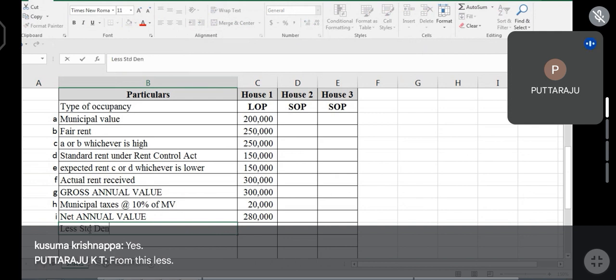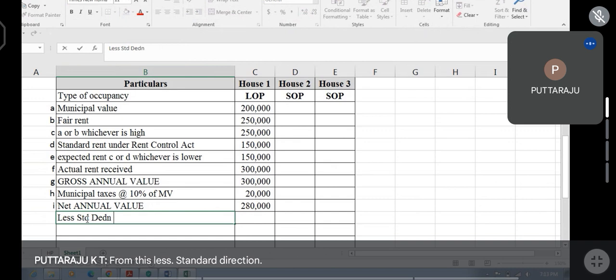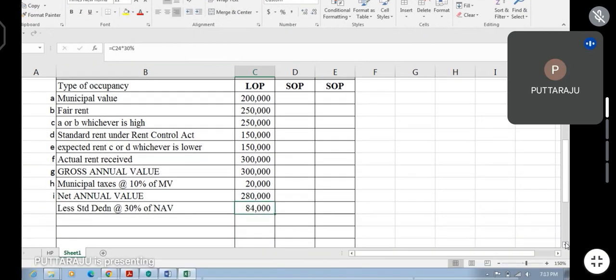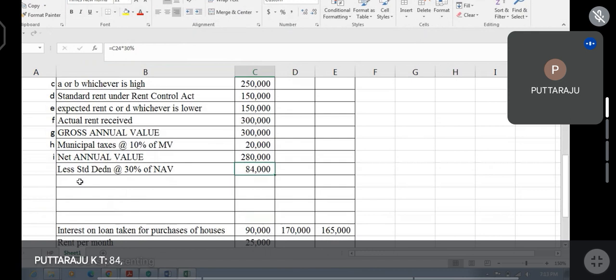From this, less standard deduction at 30% of net annual value, flat 30%. 84,000. The other deduction we will get is interest on loan.